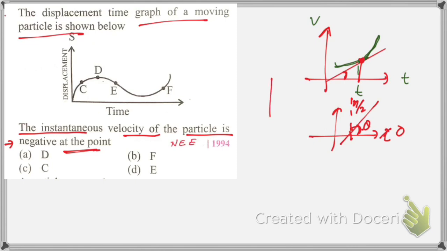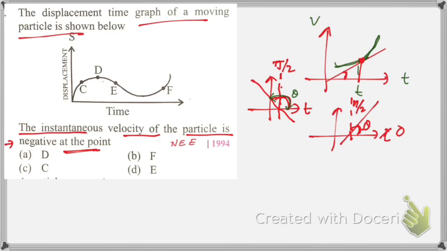And if the tangent is inclined to the time axis in this way, you can see the angle with the time axis is greater than 90, greater than pi by 2. Now this angle theta is greater than 90. So in that case you will get a negative slope and then the velocity will be negative.